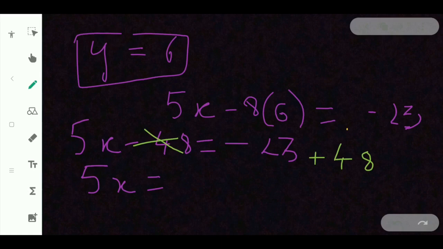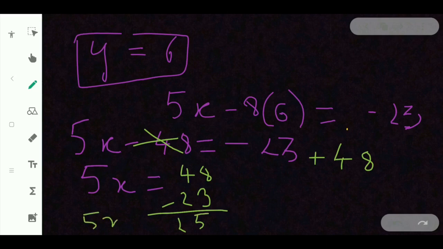So we can do 48 minus 23, which is equal to 25. Our 5x is equal to 25.